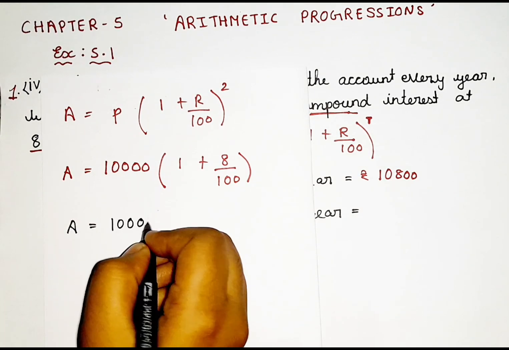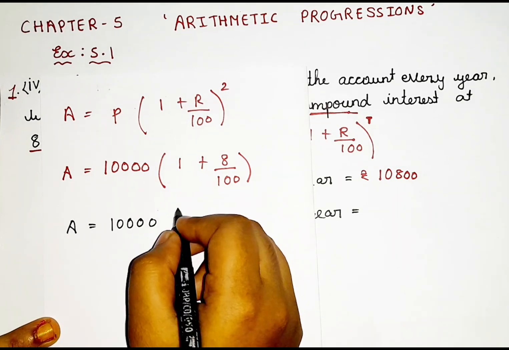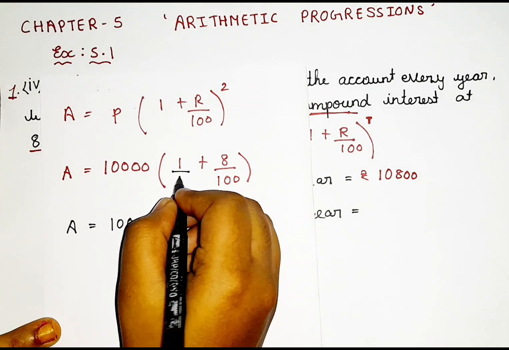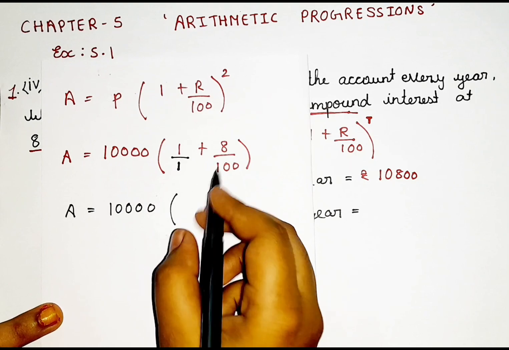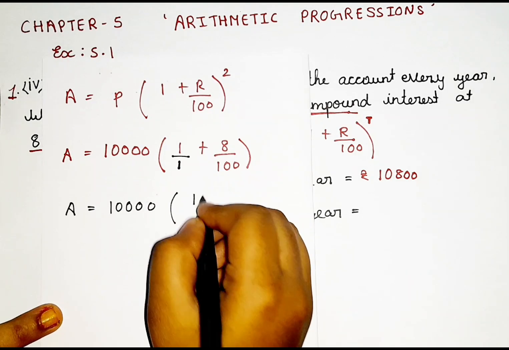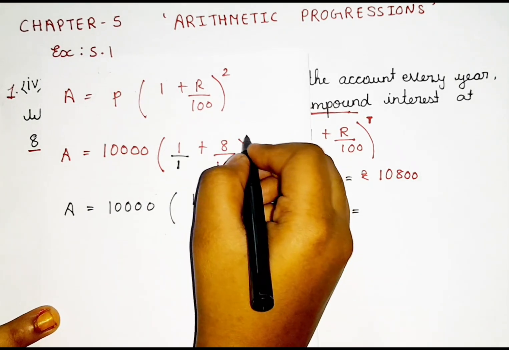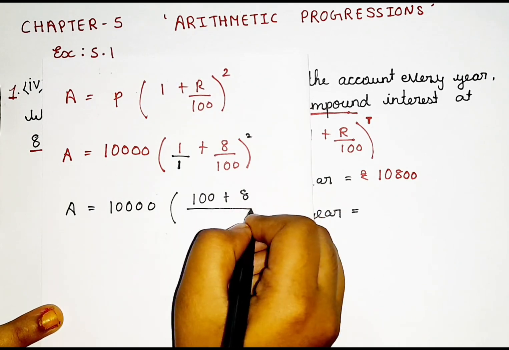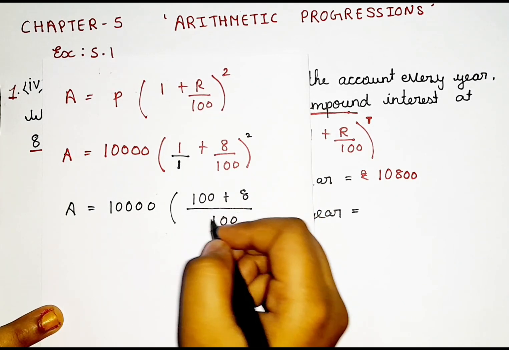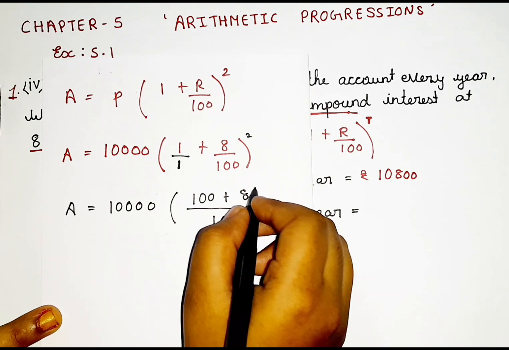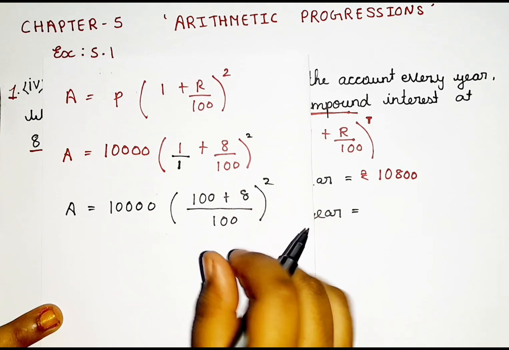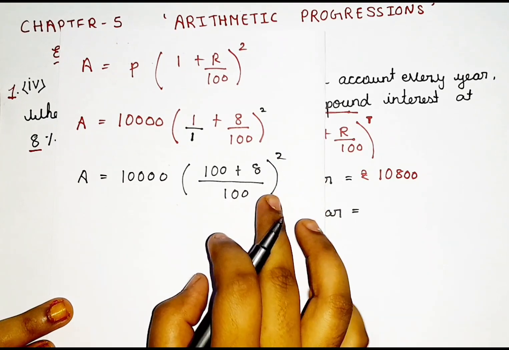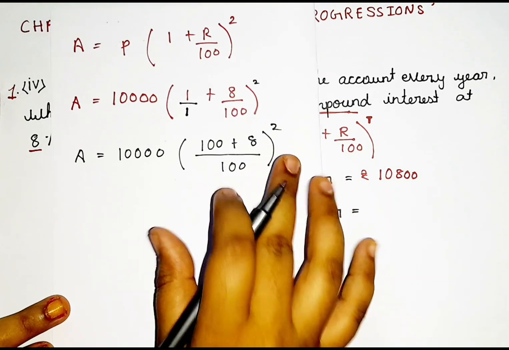So now A is equal to 10,000 and then bracket 1, here nothing is there means 1. So when we just take LCM we will get 100. So here 200, it's important. Okay, so 100 plus 8 divided by 100. Okay, when we just take LCM we will get something like this, and close the bracket, power 2. Okay, so here this is really important guys, never forget to write the timeline.